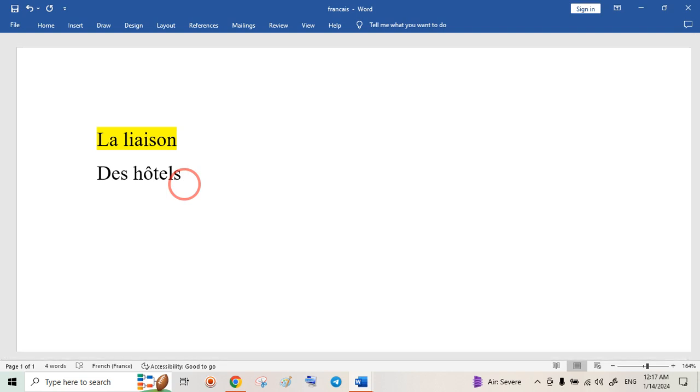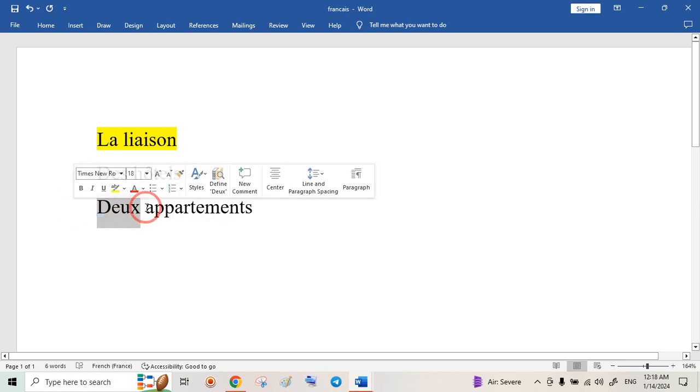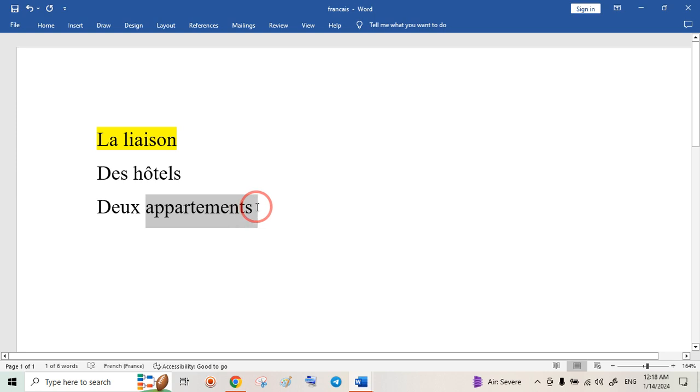I will give you another example. For example, deux means two, and appartement means apartment. Now I want to pronounce these two words together. Deux, this is the pronunciation of this word, and appartement is the pronunciation of this one.